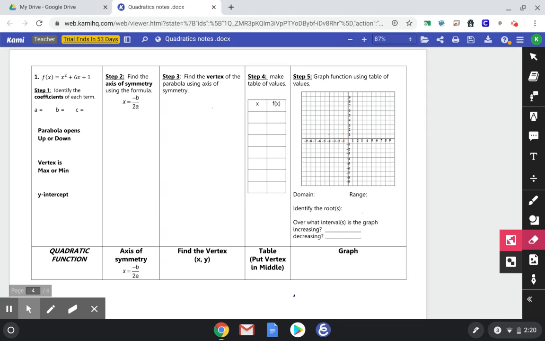So example number 1, we have this equation right here where it says f of x equals x squared plus 6x plus 1. Okay, so first thing, when I look at this, I start to remember the things that we have talked about already, because I just want to be able to double check myself. I noticed that my a value, the coefficient of the x squared term, is 1. It's positive.